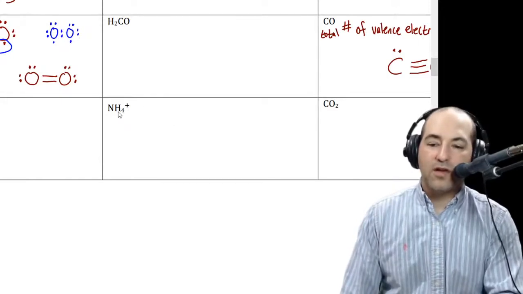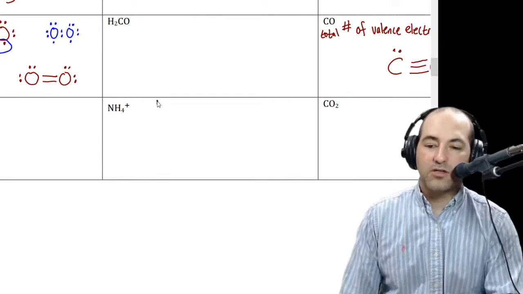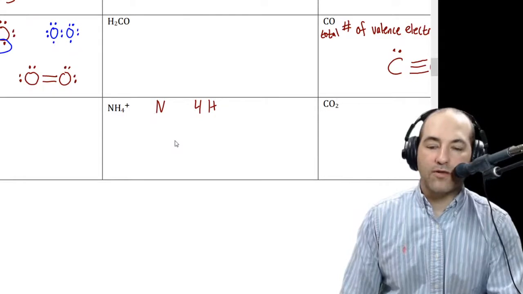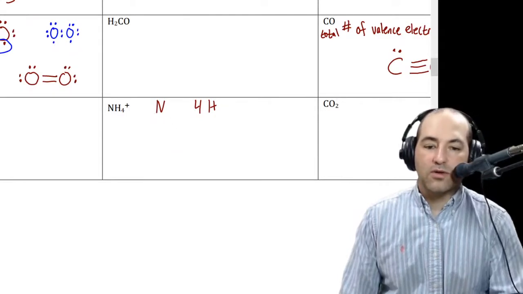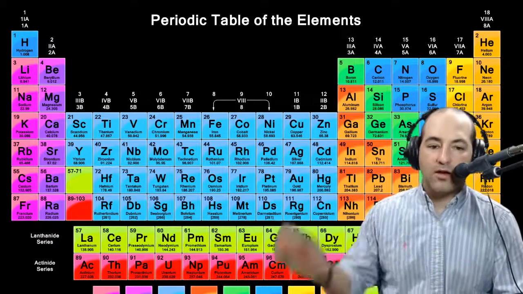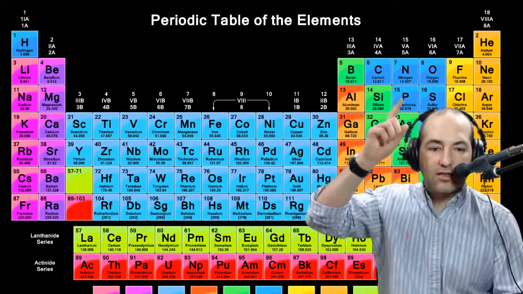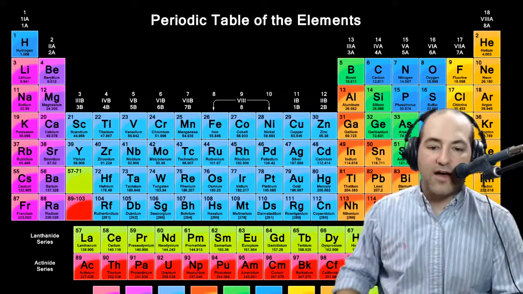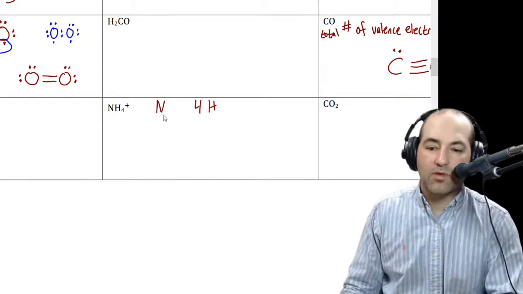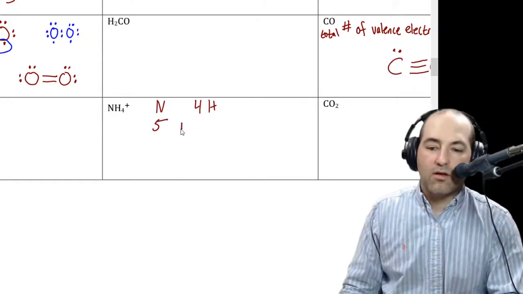So if we do nitrogen and an NH4, that tells us we have a nitrogen and we have 4 hydrogens. So we want to add up our total valence electrons. We can look at the periodic table, and there's nitrogen just above my head. That's in column 5, so that has 5 valence electrons. And then hydrogen we know has 1.